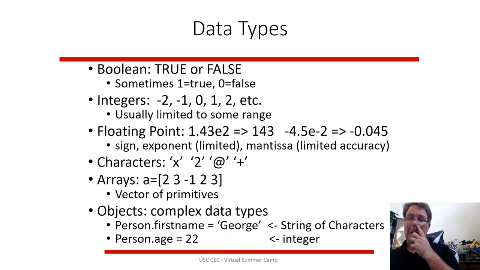You can have specific characters. You can have an array, which is like a vector. It's like a list. It could be a list of characters, a list of floating point numbers, a list of integers, a list of Boolean values. And there are more complex data types like objects. An object would be like a single variable that has a variety of data affiliated with it.